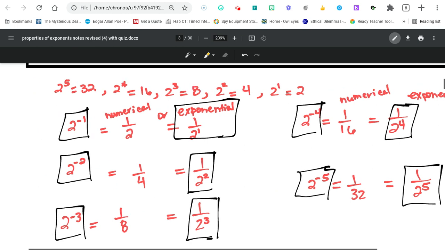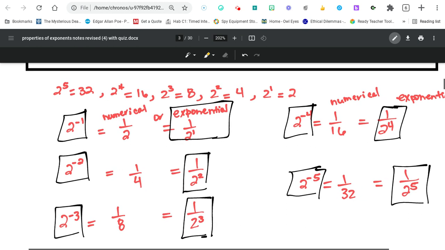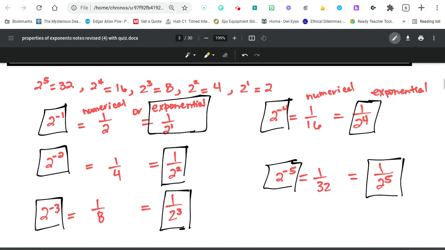Okay? I'll go back and focus on the numerical in just a minute. All right, but I want you to notice something. If it has a negative exponent, my base, if it was raised to a negative exponent, my base was flipped to the bottom and not the top. So a base of 2 is the same as a base of 2 over 1. They're the same number.